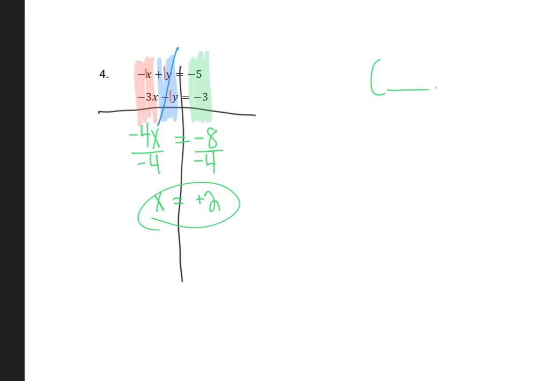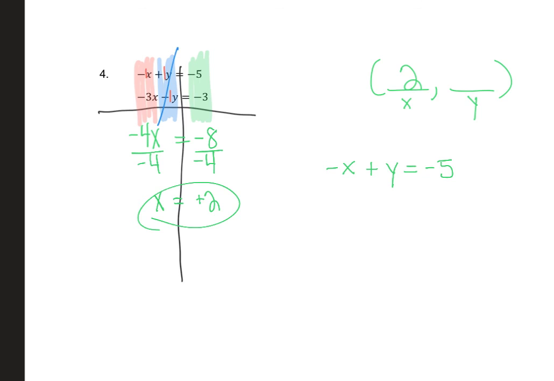Working towards that ordered pair, answer, x comma y, the x is a 2. Again, plugging in, I'm going to plug into the top. I don't have to. I can plug into either, but that top equation on the last couple has been pretty basic and pretty simplistic. And again, this isn't make your life harder. This is work smarter, not harder.